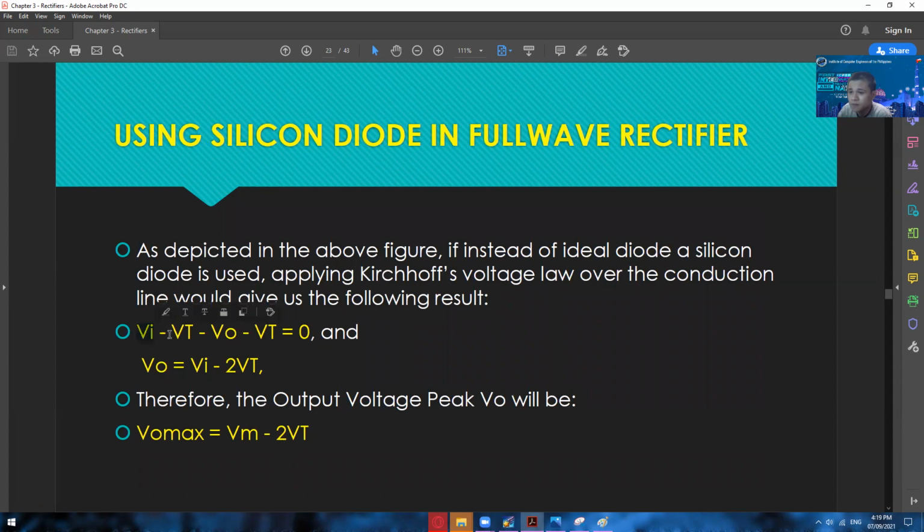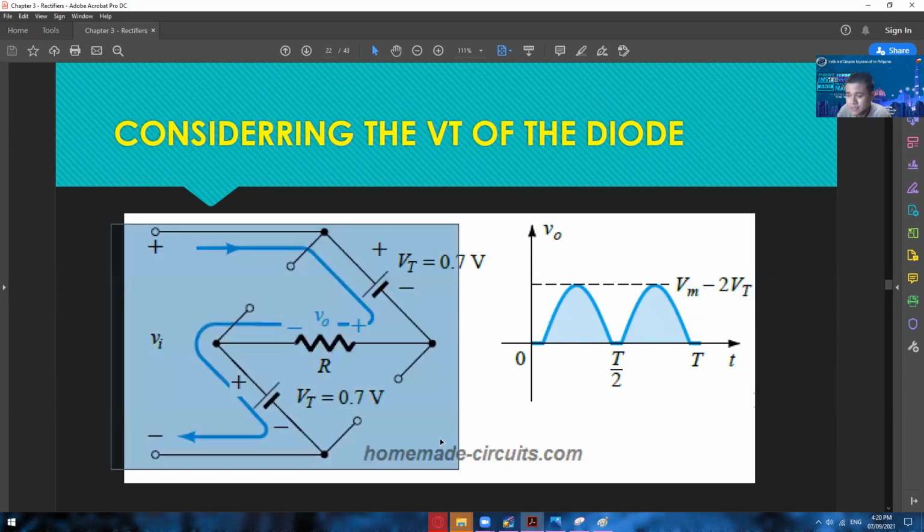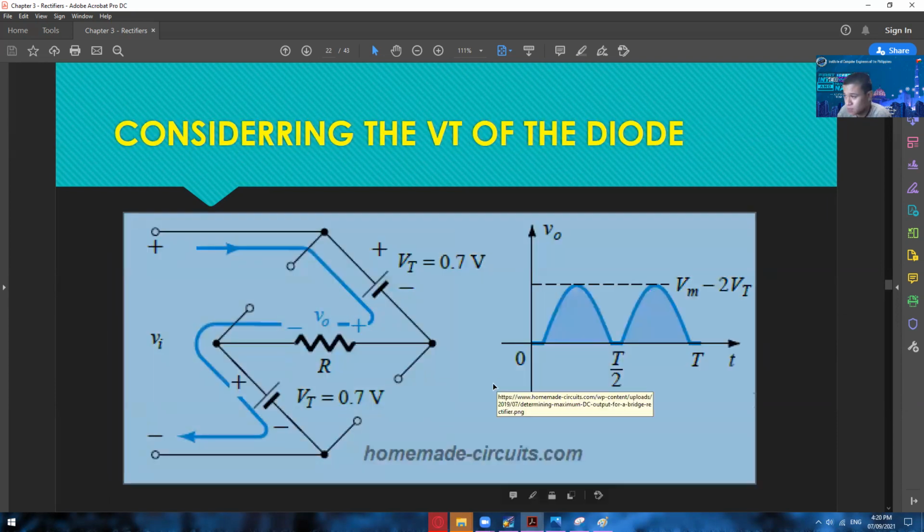So Vi minus Vt minus Vo minus Vt is equal to 0. And if you simplify this one, it will give you this kind of expression. So Vo is equal to Vi minus twice Vt. That's where this formula came from. Of course, it was derived from this circuit right here. And this will never change.